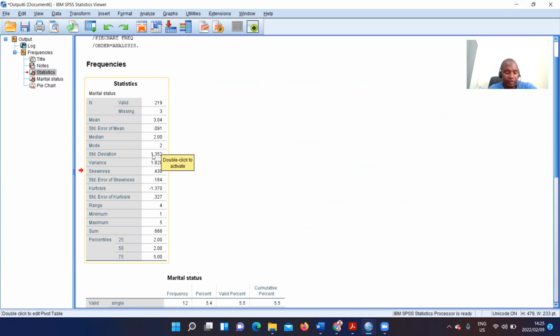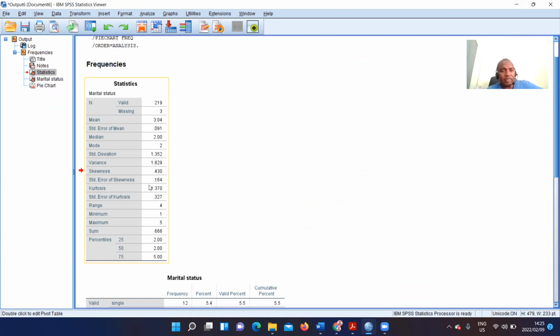And then the standard deviation is 1.352. The variance is 1.829. The skewness is positive, so it means marital status is positively skewed. The standard error of skewness is 0.164.